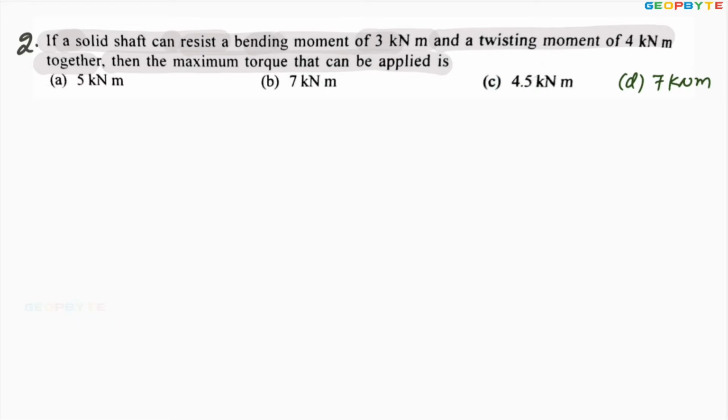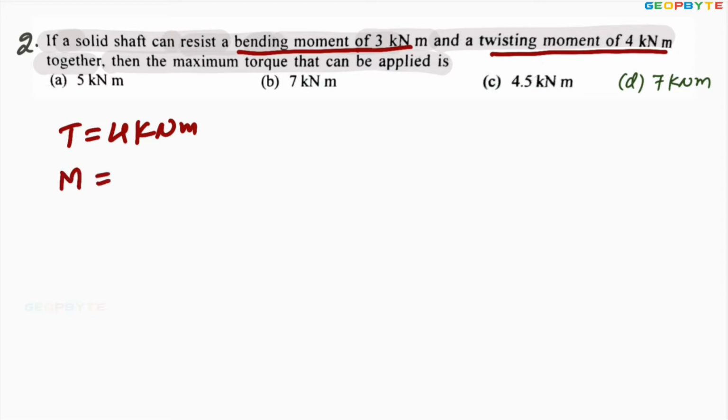Dear students, remember here the maximum torque means the equivalent torque. Torque given equals, torque is also called twisting moment, 4 kilonewton meter, and the bending moment M equals 3 kilonewton meter.